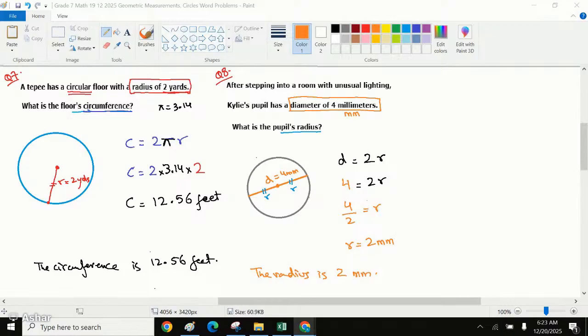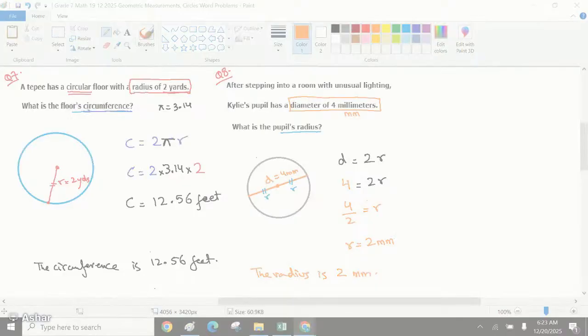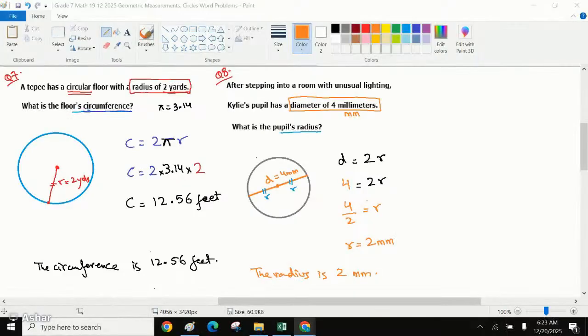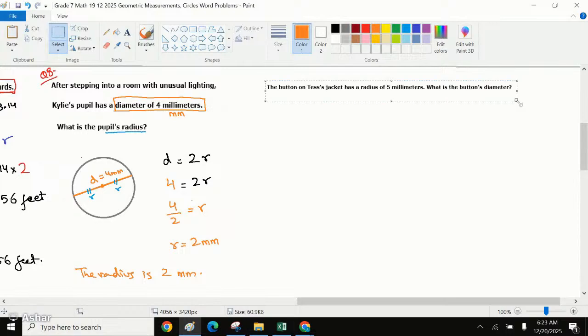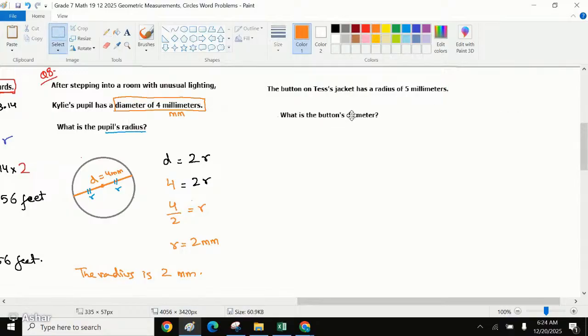Let's move on to the next question and see what they're asking us. The next question is talking about a button on a jacket. We need to find the diameter of the button.